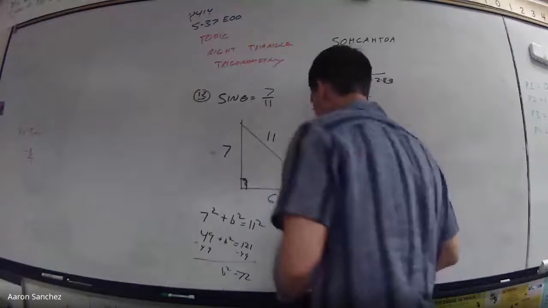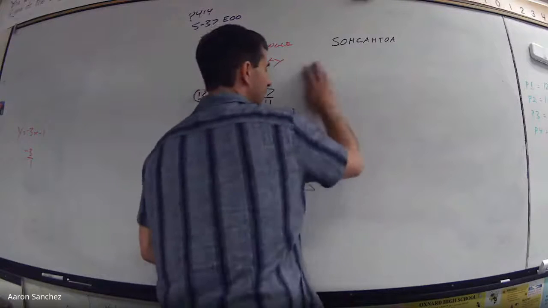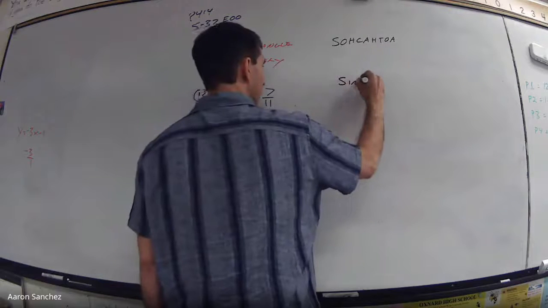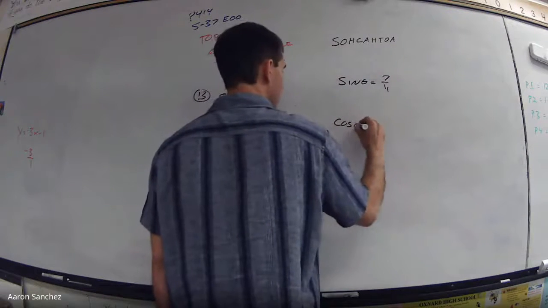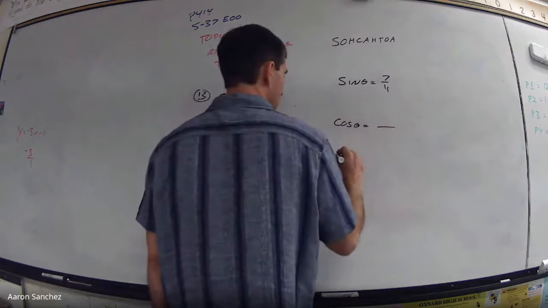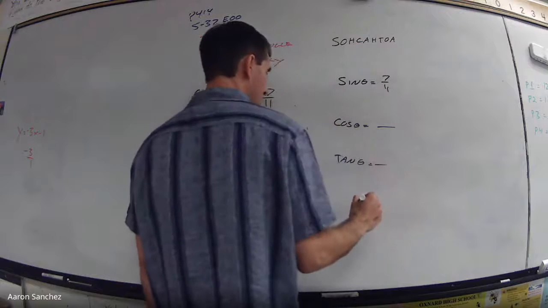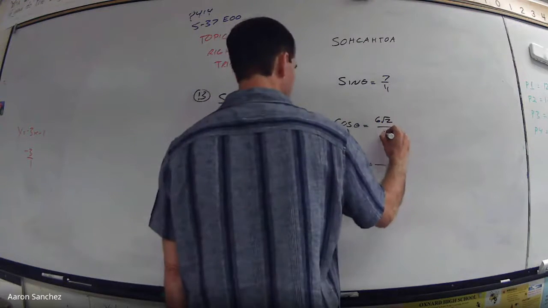Okay, so now that we have this is 6 root 2, I'm going to erase all this. We have our sine. Sine of theta equals 7 over 11. Cosine of theta equals what? Tan of theta equals what? Cosine is 6 root 2 over 11.